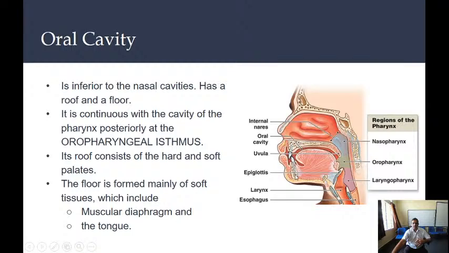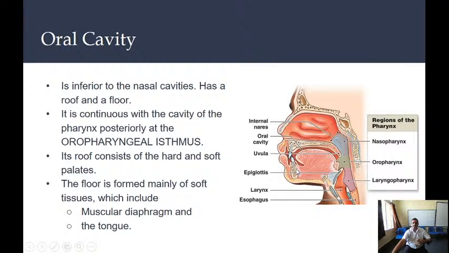Then just above the mylohyoid muscle, from the mylohyoid line from the mandible to the hyoid bone, there are four tubercles, and from the inferior tubercles there is a muscle called geniohyoid. That is also from the mandible to the hyoid bone. That also is a muscle which forms the floor of the oral cavity.